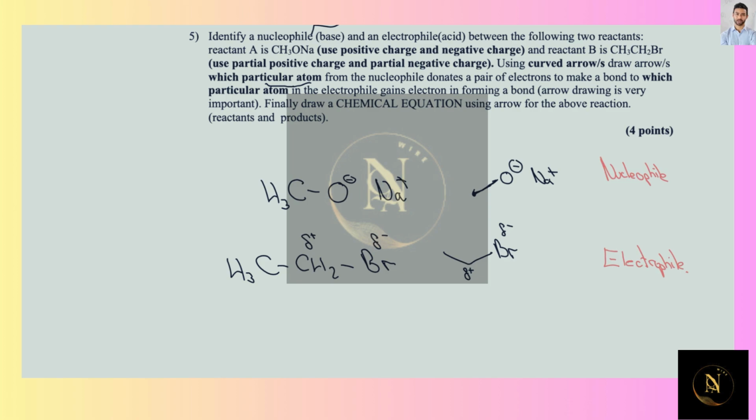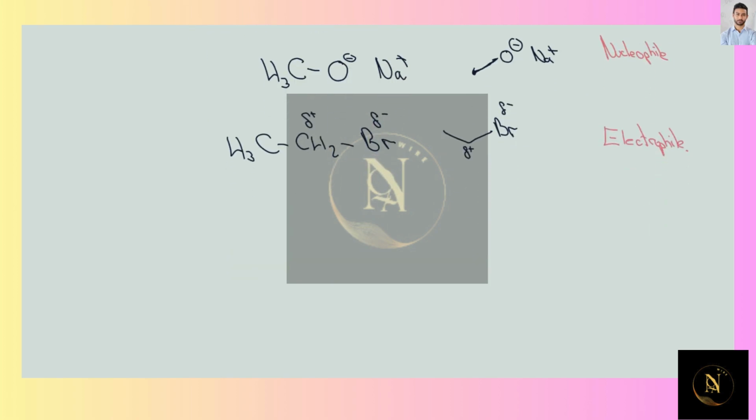So what is going to occur is that in this scenario, I'm going to write down this compound over here. Remember that we have lone pairs of electrons. I'm going to write down the Br over here. Remember that we have a partially negative charge and a partially positive charge.